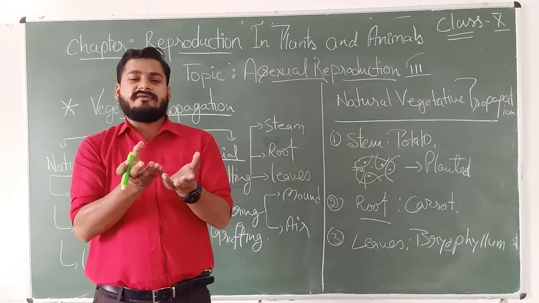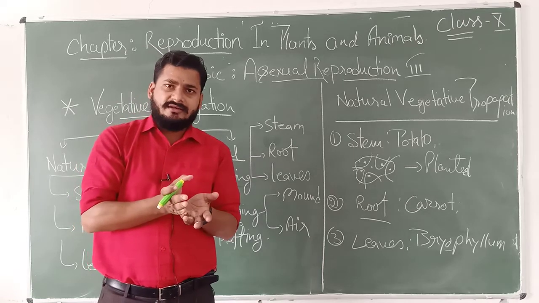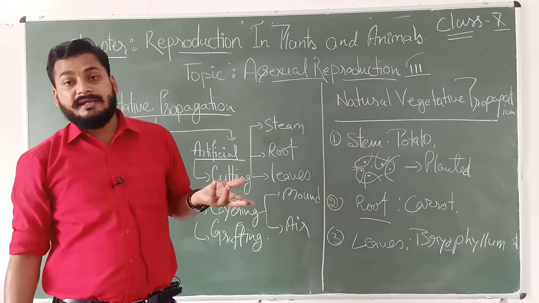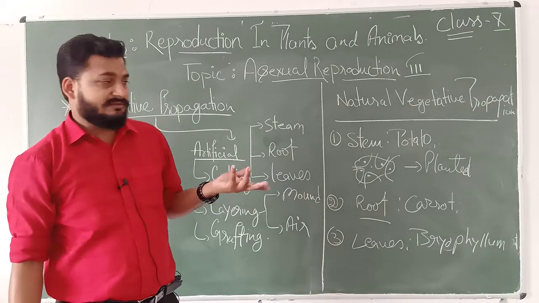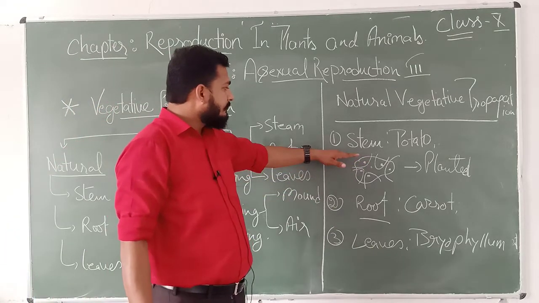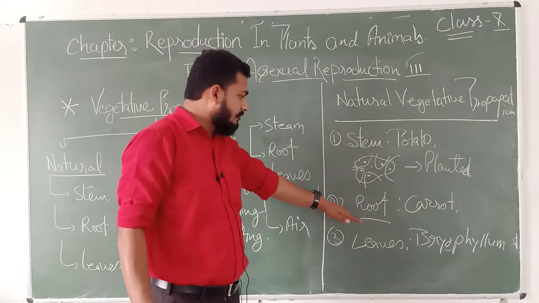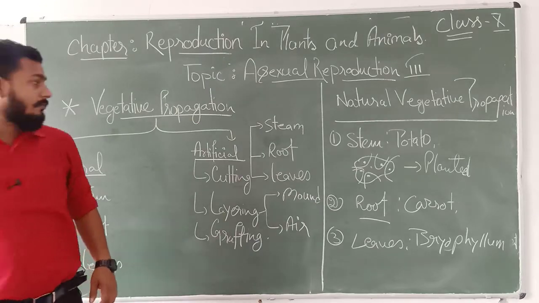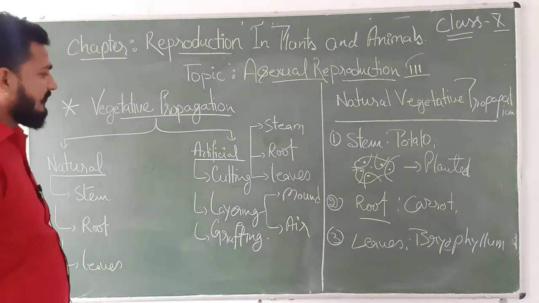It will start to develop roots, and then this leaf alone will develop into a complete plant, and thus we see natural propagation by stem, root and leaves. Very simple. Now moving to the artificial ones.